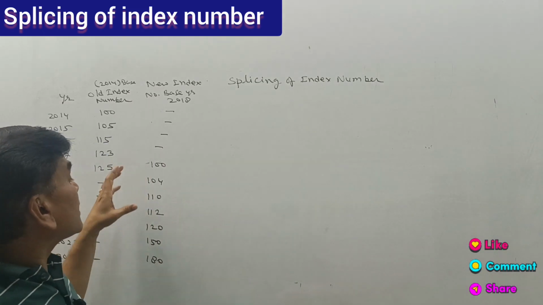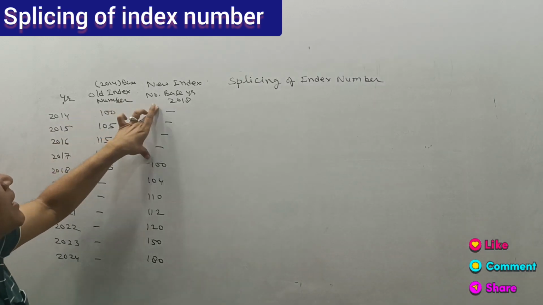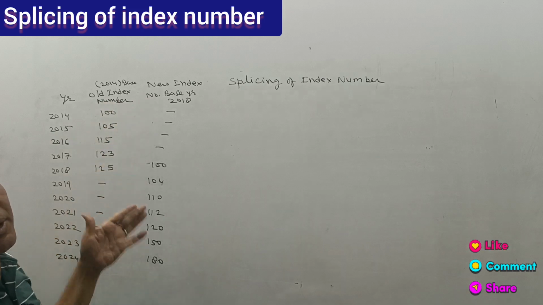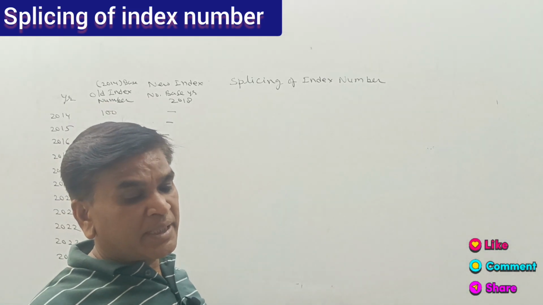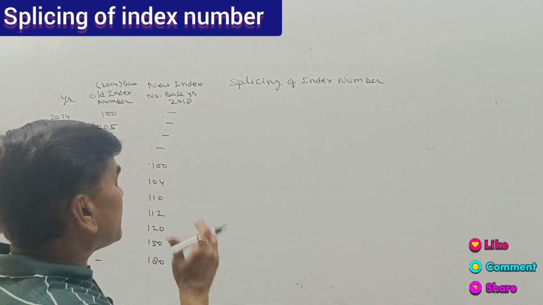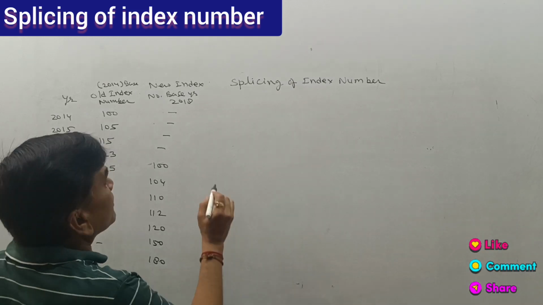Or if we keep this as it is and this index number shifts to this side, that is called backward splicing of index numbers. So in this video we will learn how to do the splicing of index numbers. Firstly we will see how to calculate it, starting with forward splicing.